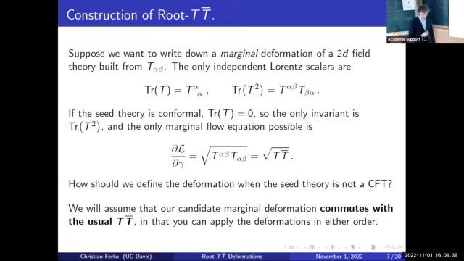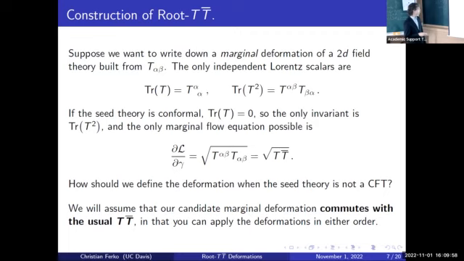In order to construct a marginal deformation, let's start with a CFT and ask what I should write down if I want a marginal deformation of the CFT built from the stress tensor. This is a very easy question because in a CFT, one of these invariants is 0. The trace is classically vanishing, up to maybe some anomaly term if there's a curvature.